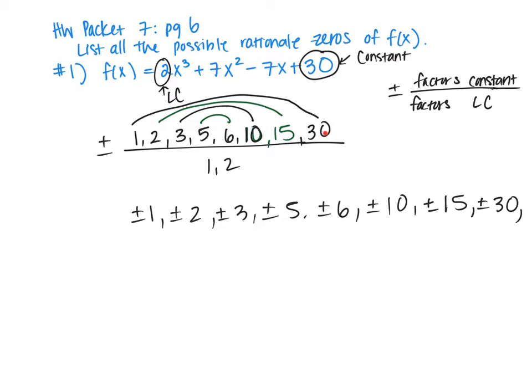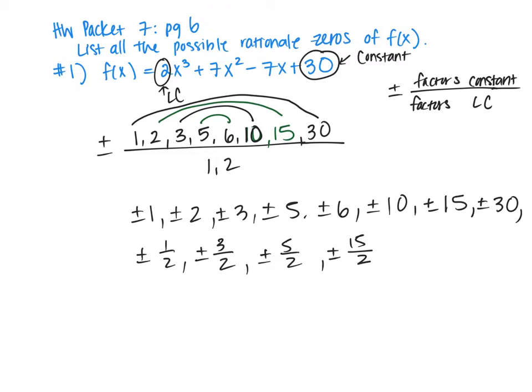After that, I need to divide by 2. So everything on the top gets divided by 2, but remember, duplicates, don't add them to your list. So 1 divided by 2 is plus and minus 1/2. 2 divided by 2 gives me a 1, and I already have that. 3 divided by 2 is plus and minus 3/2, which is not on my list. 5 divided by 2 is also not on my list. 6 divided by 2 is 3, which is already on here. 10 divided by 2 is 5, which is already on here. 15 divided by 2 is, well, 15/2.